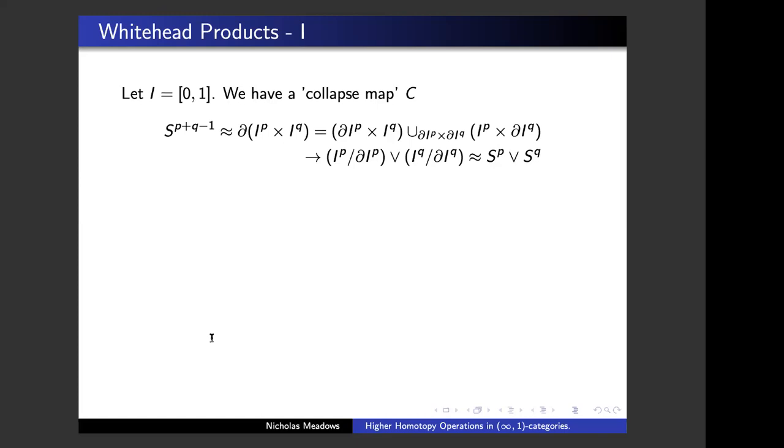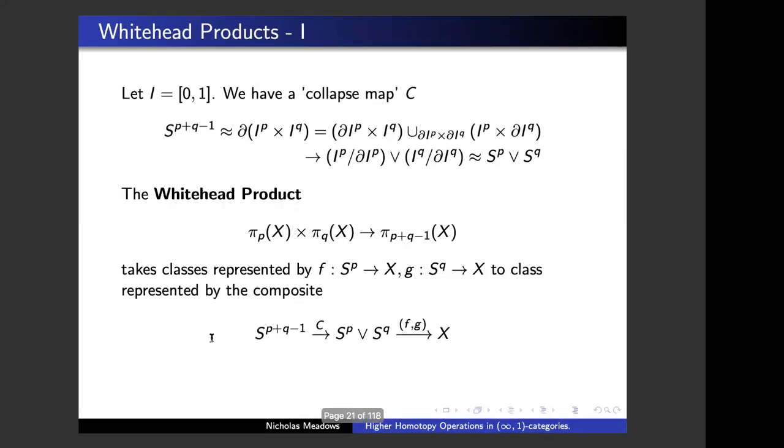Now, if we collapse the boundary of I^p times the boundary of I^q to a point, then we get a map to I^p with the boundary collapsed to a point, wedge with I^q with the boundary collapsed to a point. This is the same as a wedge of a p-sphere and a q-sphere, because that's just a fact from algebraic topology. If I take I^p and identify its boundary to a point, then I get a p-sphere. Here I is the unit interval. Sorry, I should have said that.